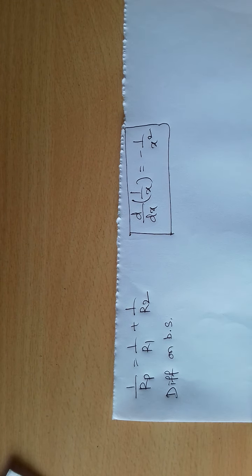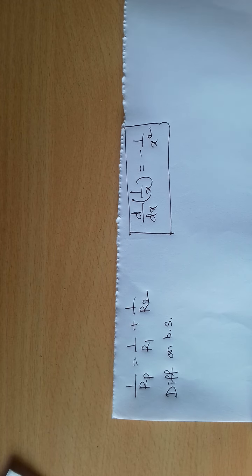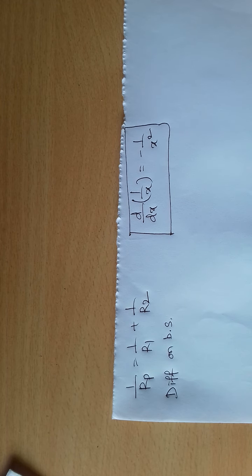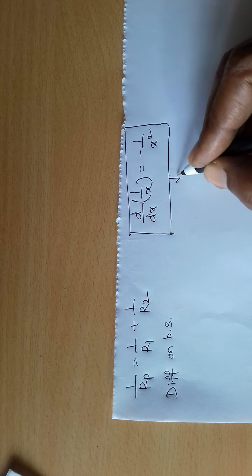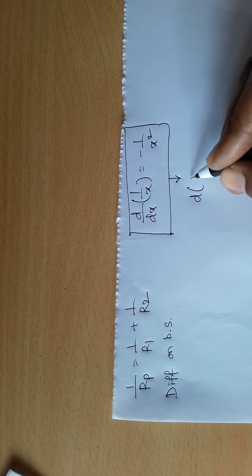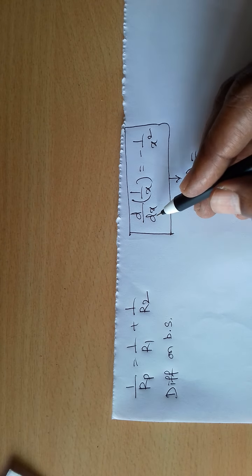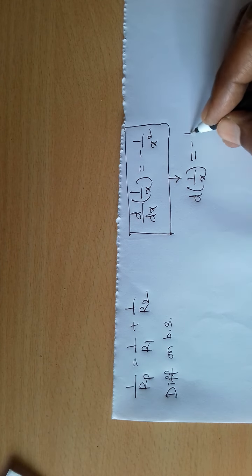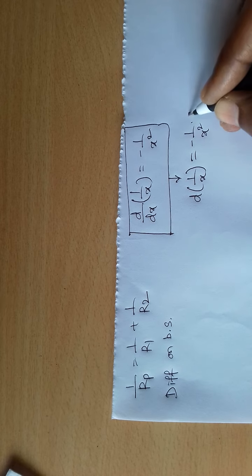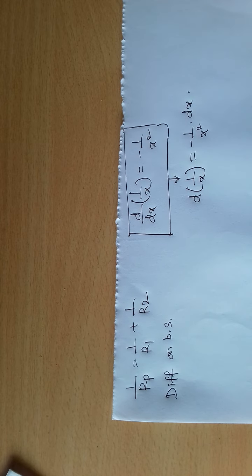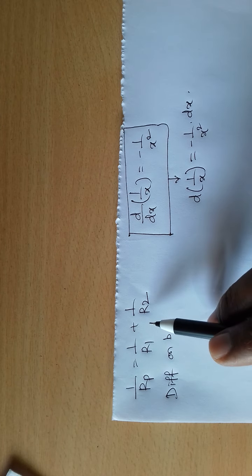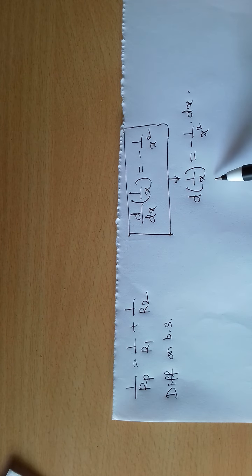This also can be written as d of 1 by x is equal to, this dx can be taken to the right hand side, minus 1 by x square into dx. In this way it can be written. Now see, these are exactly in this form only. Therefore, we make use of this formula.